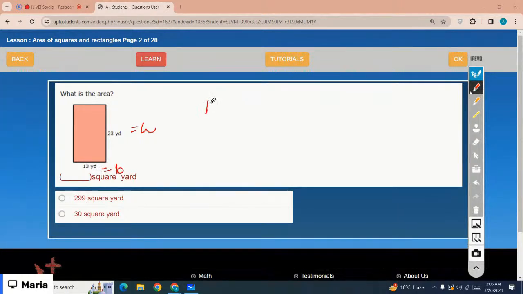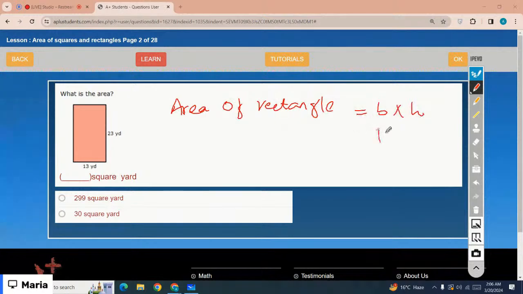So area of rectangle is base times height. The base is 13 and height is 23. So 13 times 23 is 299 square yards. The correct option is 299, right? So option number 1 is the correct option.